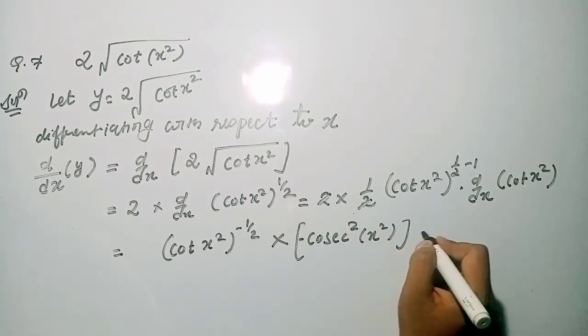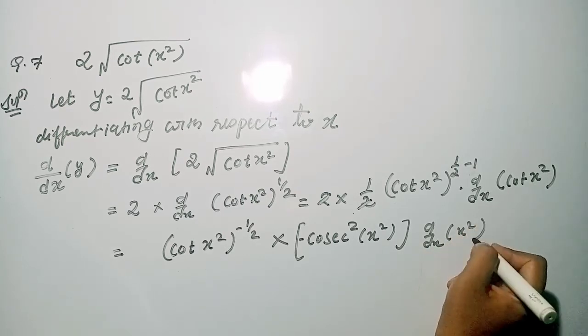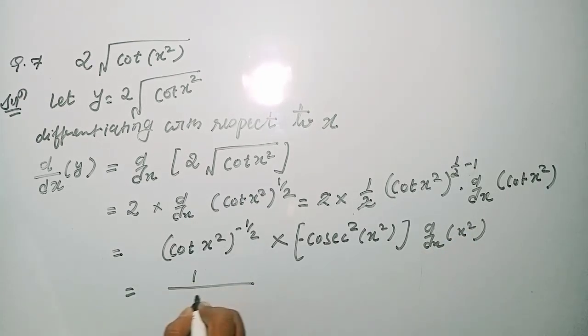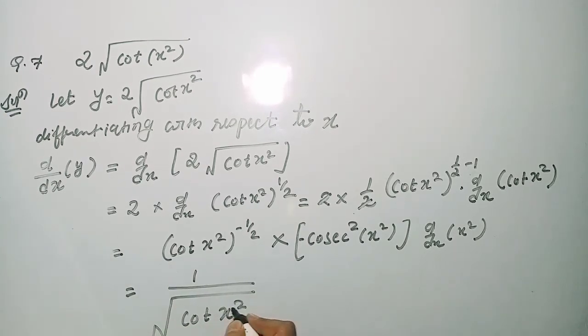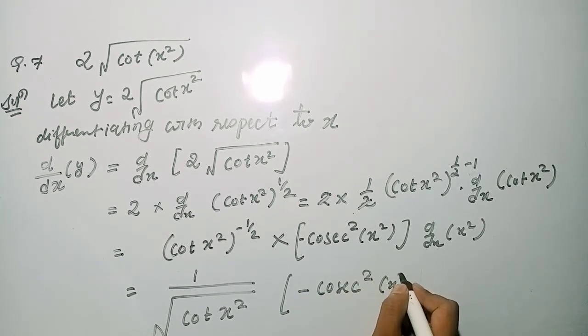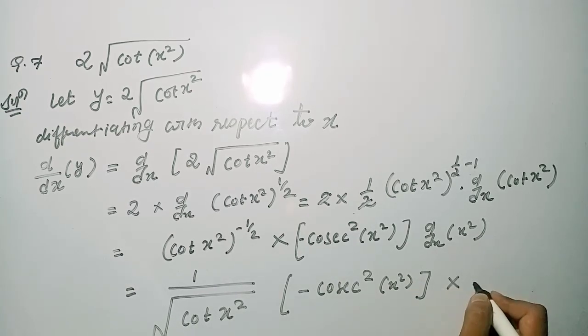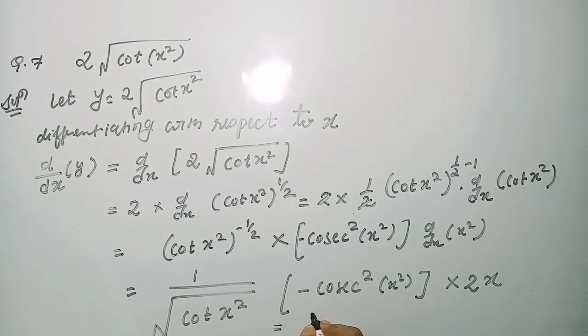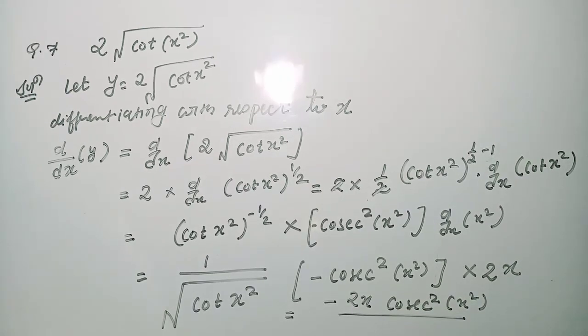Now again we will take the derivative of x square, which is 2x. So we get 1 by square root cot x square into minus cosec square x square into 2x. Writing in the simplest form, minus 2x cosec square x square over square root of cot x square.